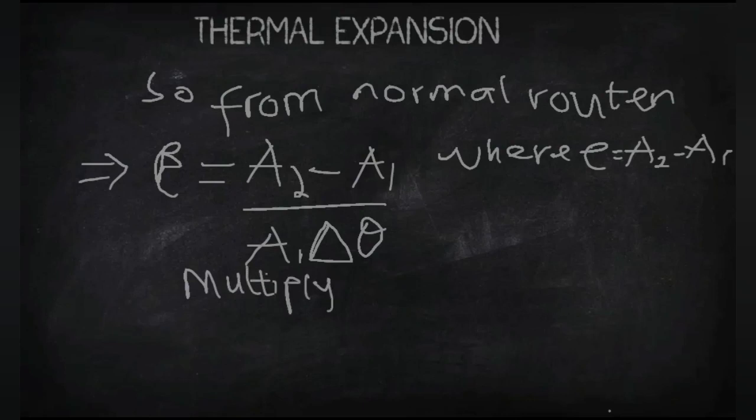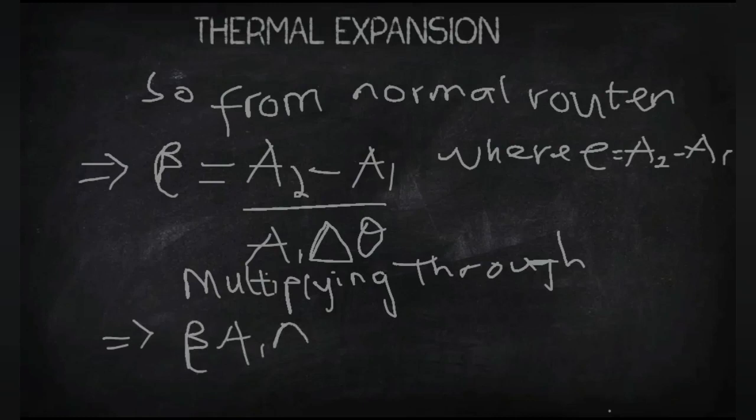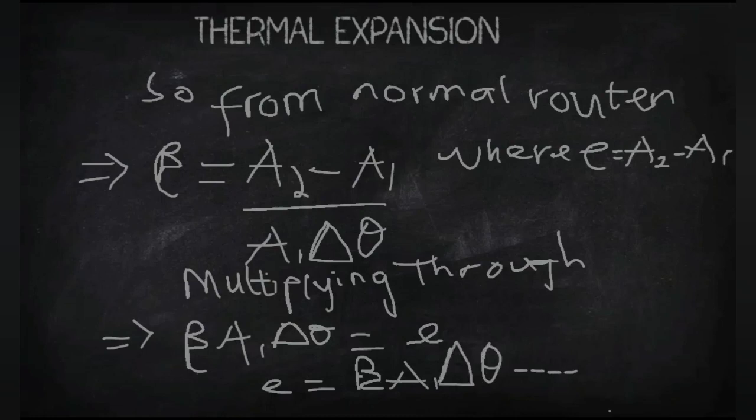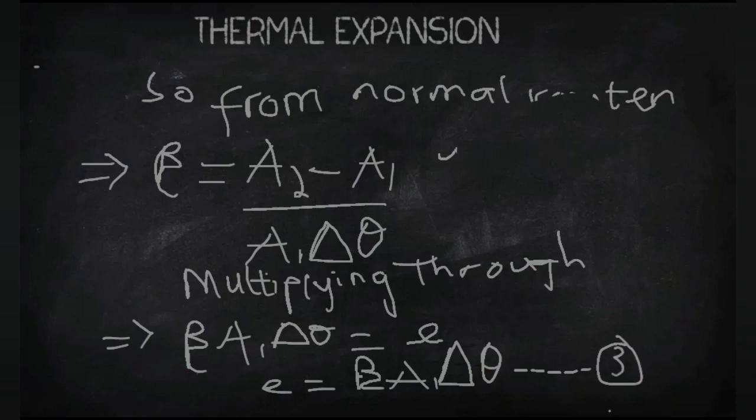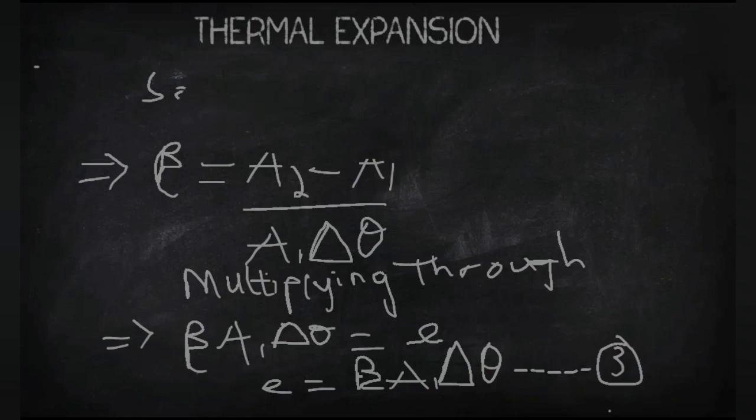Multiplying through by the base, which is A1 delta theta, we get beta A1 delta theta is equal to E. Earlier on, we know that is extension. It's also an extension. So the extension is equal to beta A1 delta theta. That's equation 3. Take note of that.